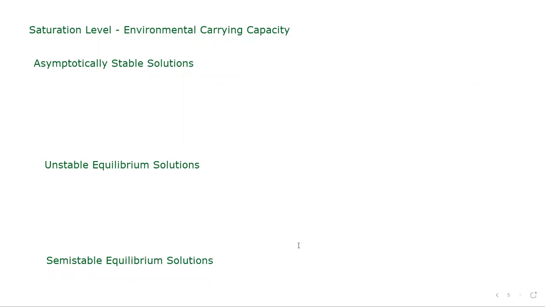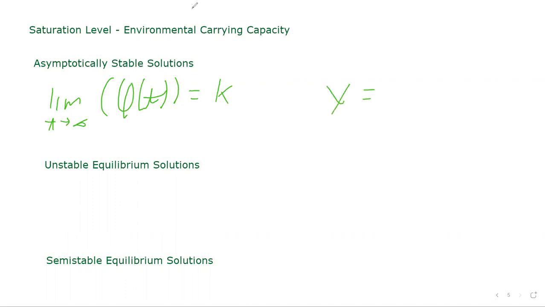So for the asymptotically stable ones, we have the limit as t goes to infinity of phi of t equals, in this case, our y equals phi of t. So one of our solutions does go to a value as our t goes to infinity.